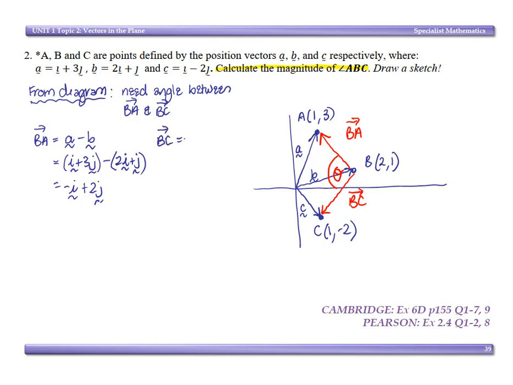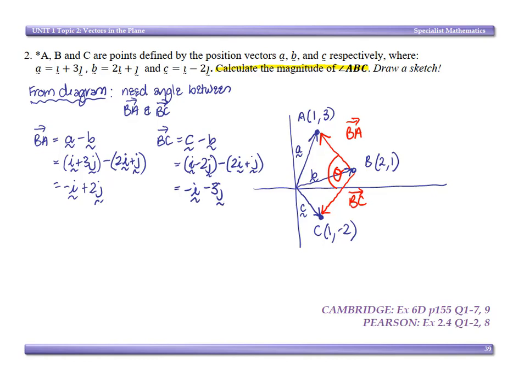BC is going to be C minus B. So that's going to be I minus 2J take 2I plus J. I take 2I is negative I. Negative 2J take J is negative 3J.